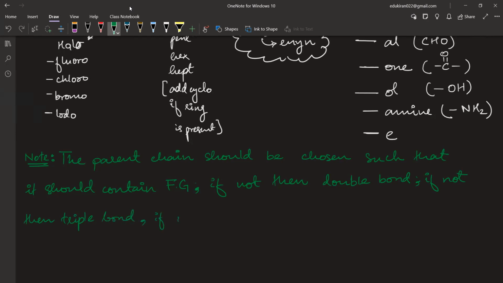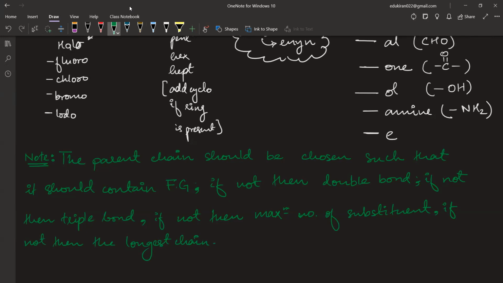If not, then maximum number of substituent. And after that, even if you don't have any substituent, even if you don't have functional group, double bond, triple bond, then the longest chain. So longest chain is our least priority.